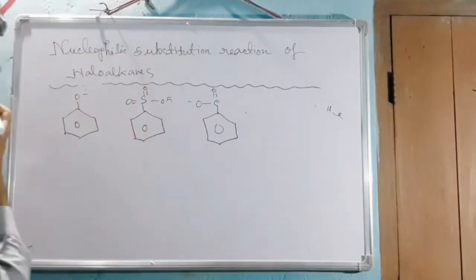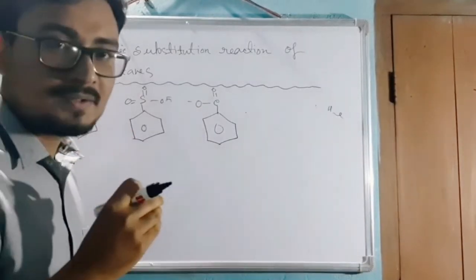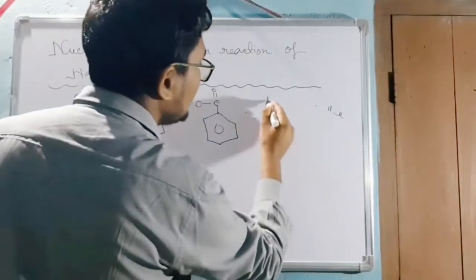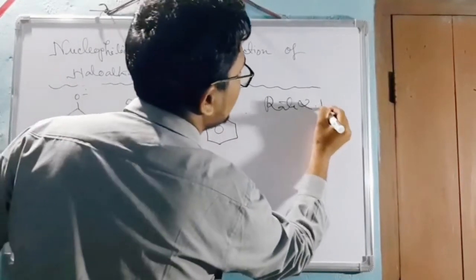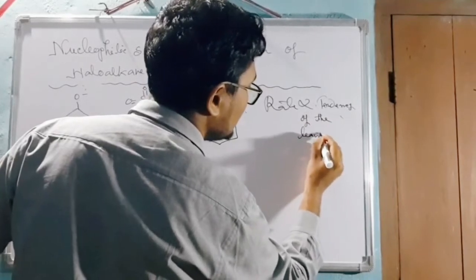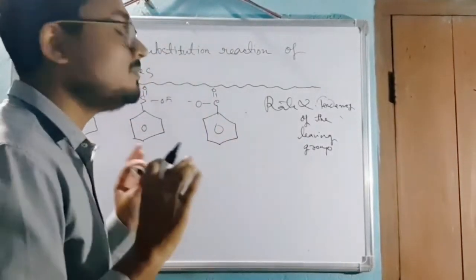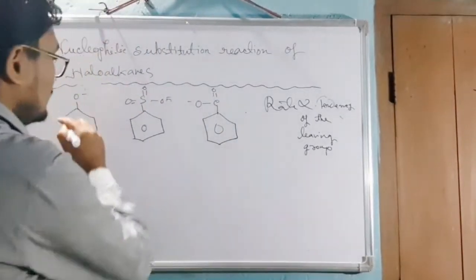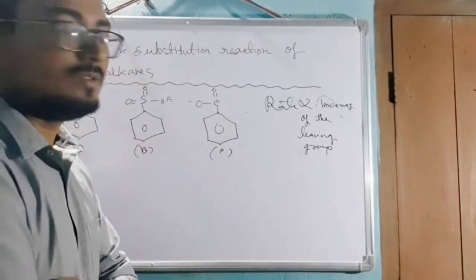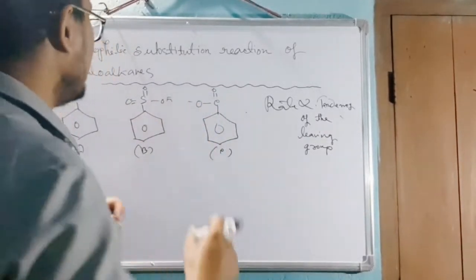Anyone tell me? Okay, let us discuss. There are two concepts: most stable anion, better leaving group; weak base, better leaving group. Leaving group is very important, because the rate is directly proportional to the tendency of the leaving group. So the concept of leaving group, which one is the better leaving group, is very important. Among A, B, C, which one has a better leaving group? We have three nucleophiles, so we apply the base concept.